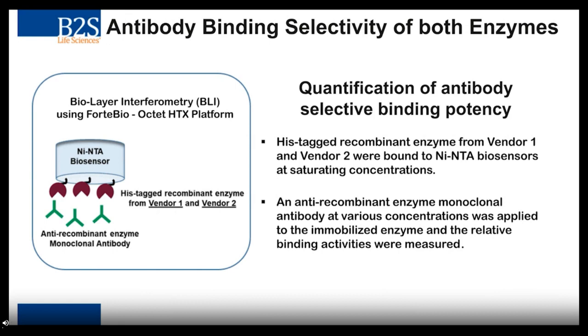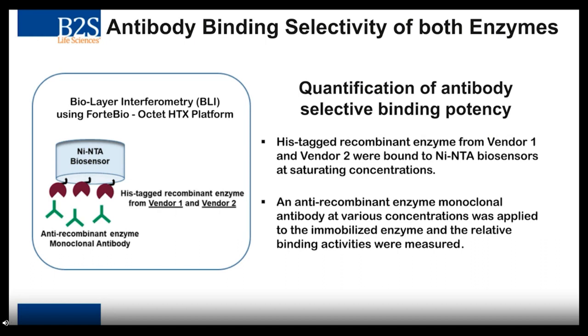And the final point that we wanted to look at in this case study was the antibody binding selectivity. For this one, we used the ForteBio BLI instrument. Essentially, this instrument measures the changes in interference patterns on a surface as a function of ligand binding.